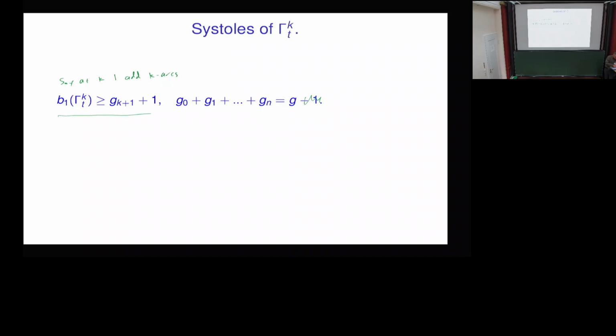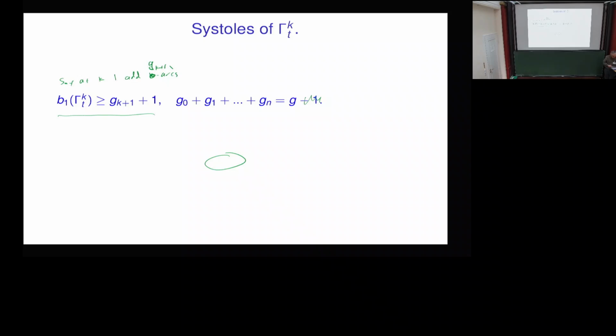First of all, the Betti number is greater than g_k plus 1, because every time I add an arc, the Betti number increases, right? If I add g_k plus 1 arcs, then the Betti number is g_k plus 1 because I already started with at least one simple closed curve.